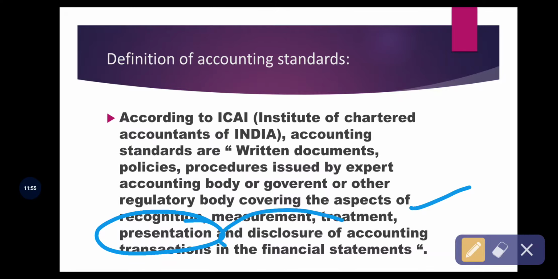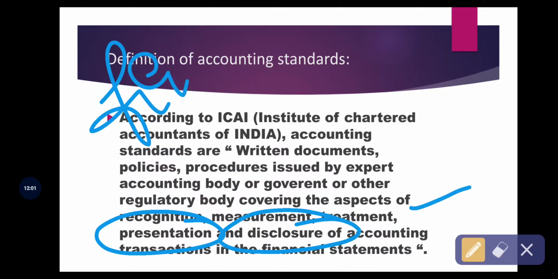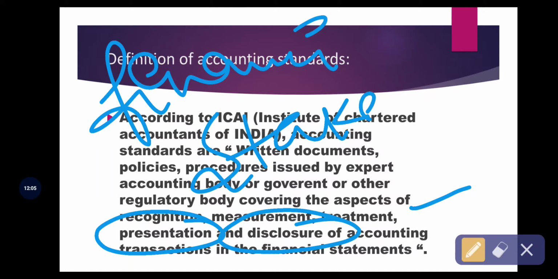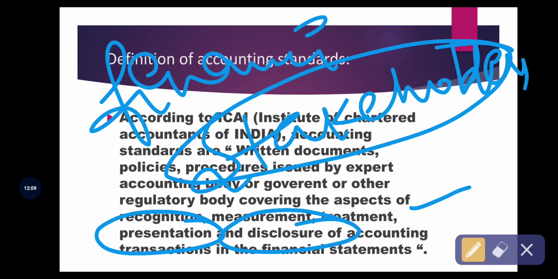Next is disclosure. Disclosure means providing the necessary information for the financial users, or we can say the stakeholders. Who are the stakeholders? It is a very common word. Stakeholders are all those people who have shown an interest in our company's well-being. It may be our employees, creditors, financial institutions, directors, or the owners.